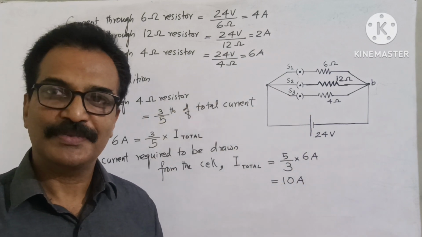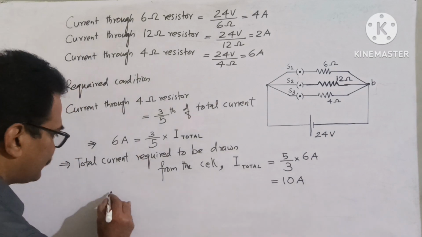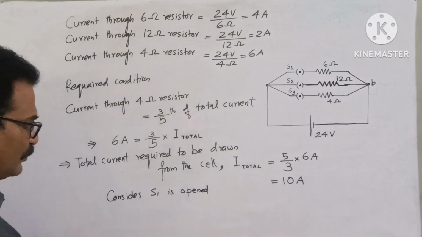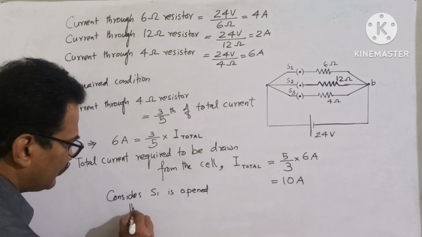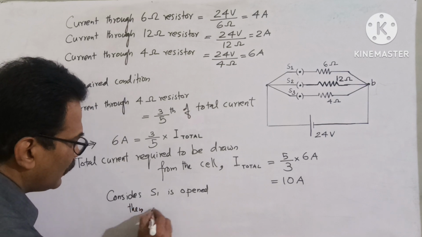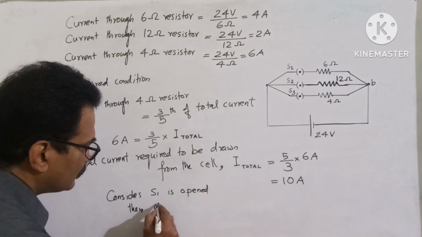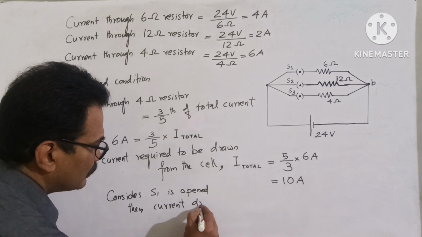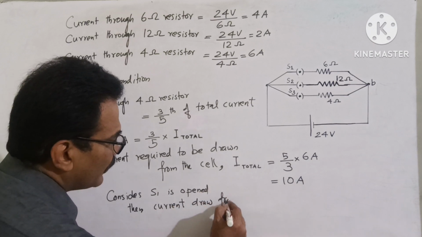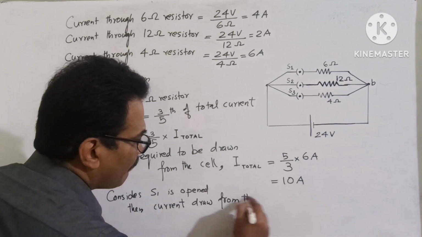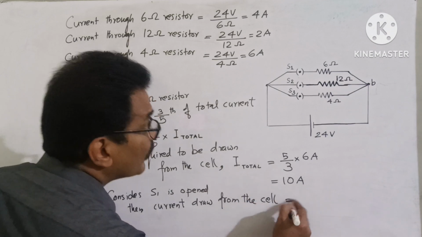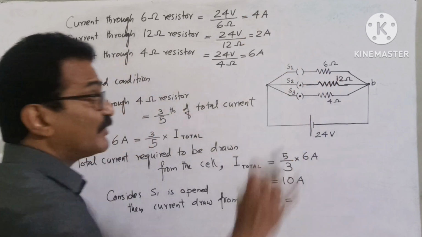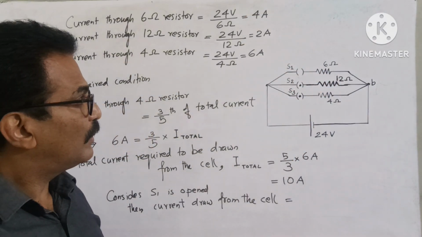That's all. Consider S1. Then the current drawn from the cell, if S1 is opened, what is it?